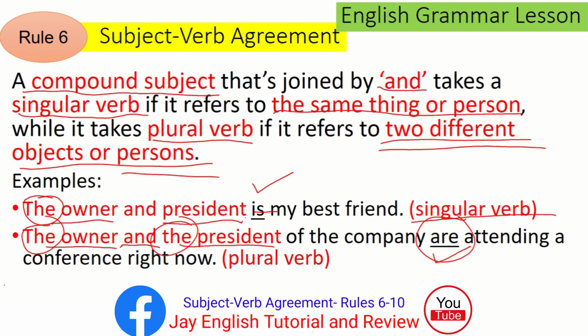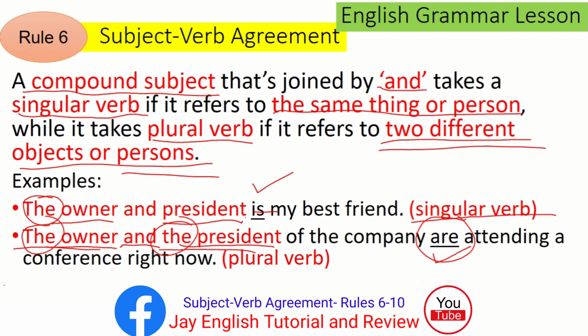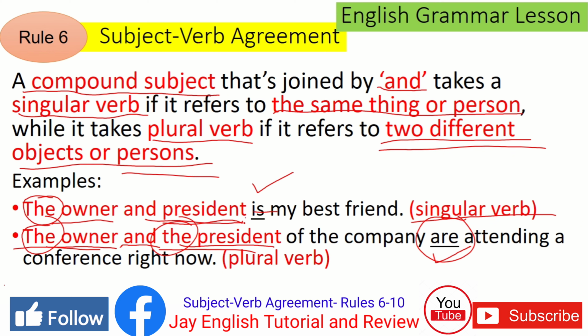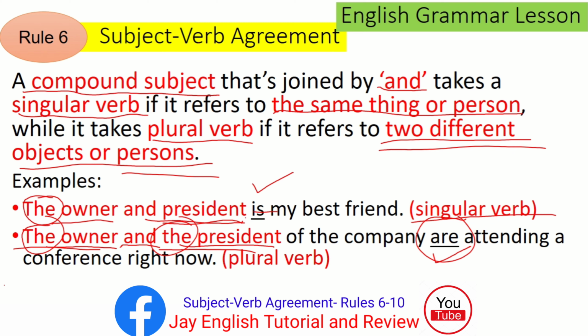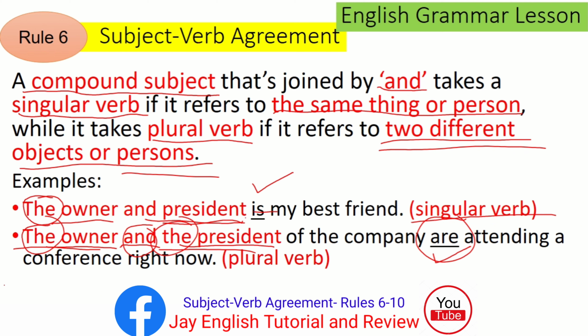Just like in this example, the owner, then the president. Unlike in the first example, we only have the owner, then we don't have "the" for the president. That is also the difference between using "and" as singular and using "and" as plural.